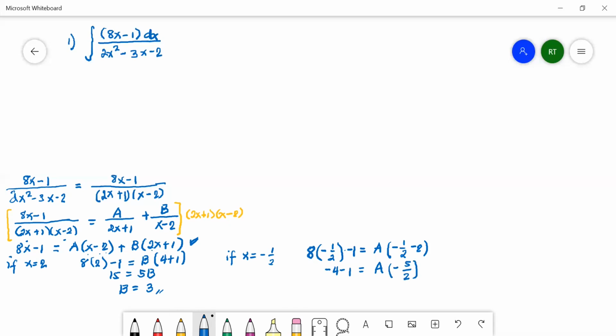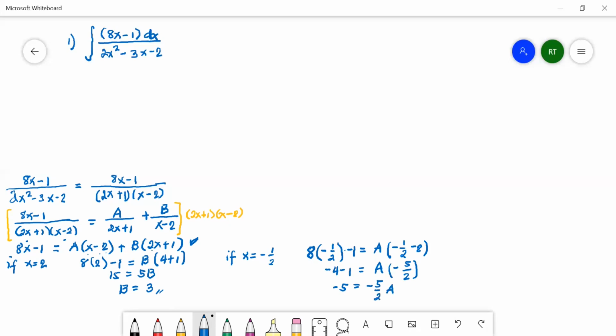If we simplify or combine negative 1 half and minus 2, the common denominator is 2, so that gives us negative 1, negative 4, which is equal to negative 5. So the left member is negative 5, and this is equal to negative 5 over 2 times a.